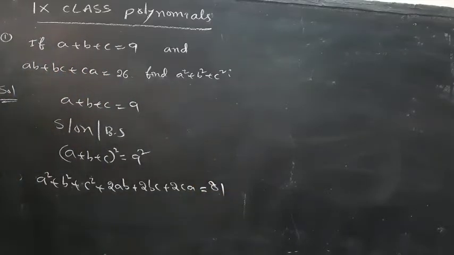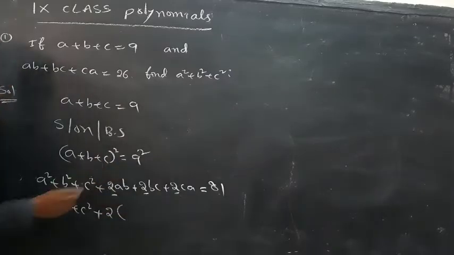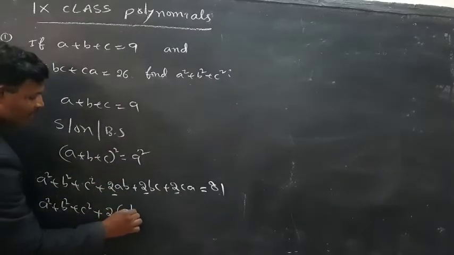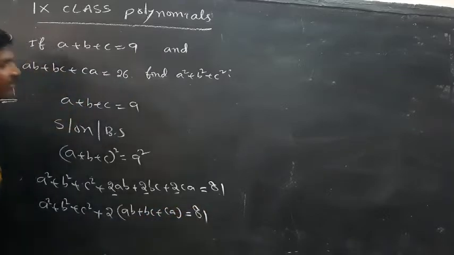So clearly observe here, from this part I am taking 2 as common. What remains? ab plus bc plus ca.